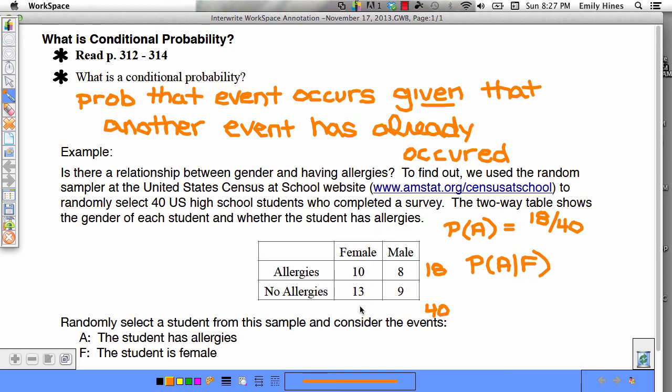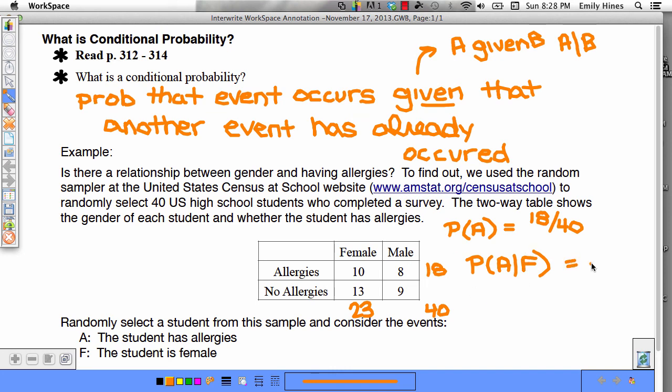And I know that I have 23 females. A given B can be represented as P(A|B). The line means given. So allergies given that they are female.